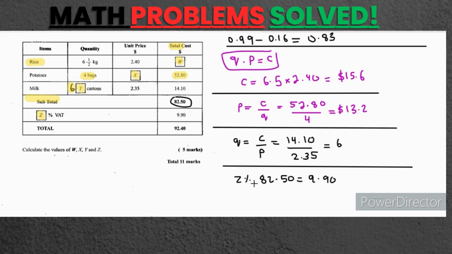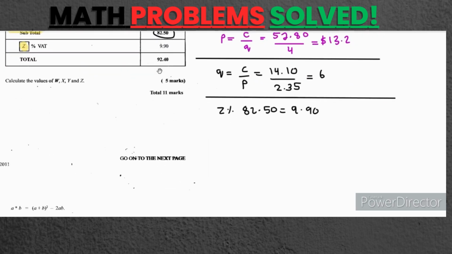That is given to us. Here we have to find Z. So what is Z here? Z is unknown, but it's in percentage. So you can write it as Z over 100 times 82.50 equals 9.90, right?